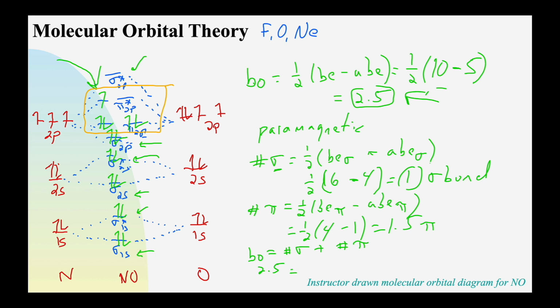We had 1 sigma and 1.5 pi. Lo and behold, 2.5 equals 1 plus 1.5. This is a good structure. Remember, bond order equals sigma plus pi. That works not only for molecular orbital diagrams, but Lewis structures as well. If you have a triple bond, a bond order of 3, that equals 1 sigma plus 2 pi. So this is a nice way to check yourself.